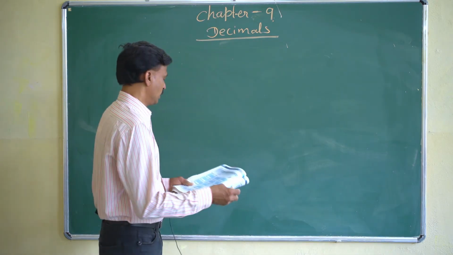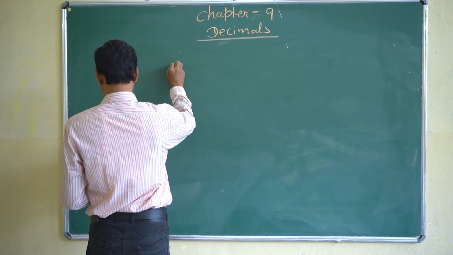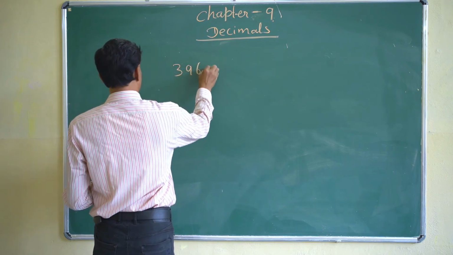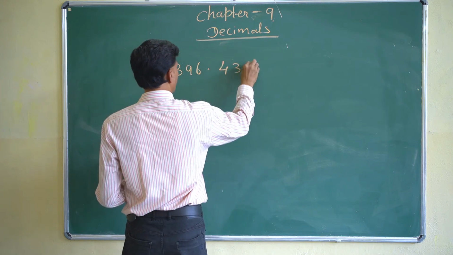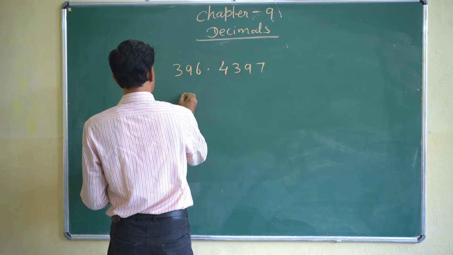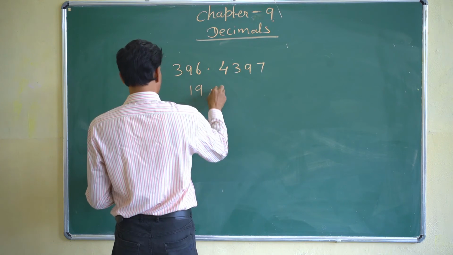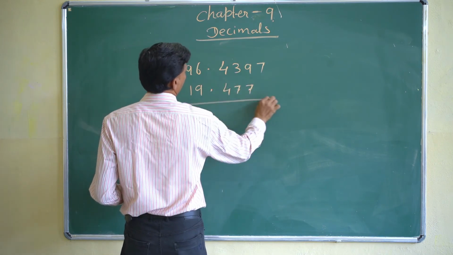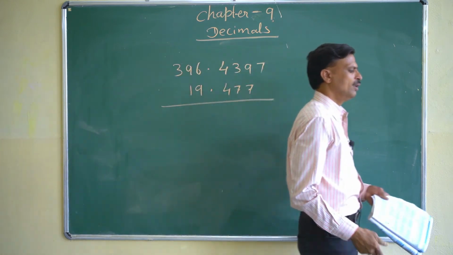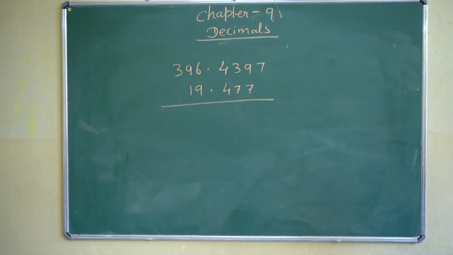So suppose the numbers given are 396.4397 and 19.477. Okay, so these are the numbers. We have to subtract these numbers. You know how we'll subtract, and I'm telling you. The process is the same.